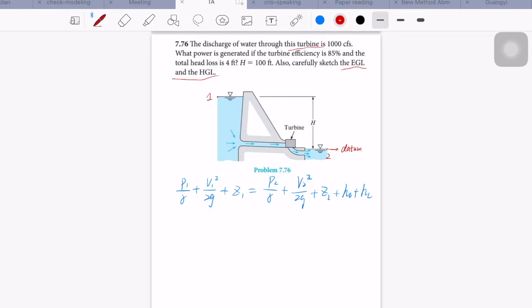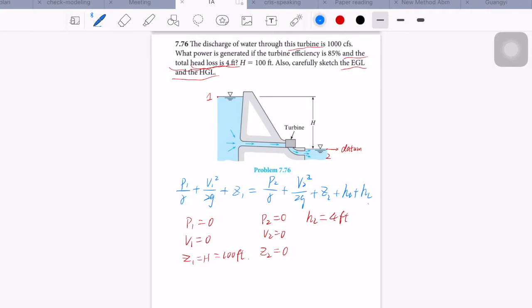And from the problem, we know P1 equals 0 since the surface is open to the atmosphere, and V1 is 0, and Z1 equals H equals 100 feet, and P2 is 0, V2 is 0, and Z2 also is 0 since it is the datum, and the head loss HL is 4 feet, since the problem gave us that the total head loss is 4 feet.